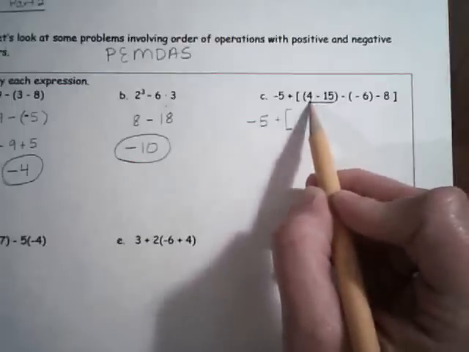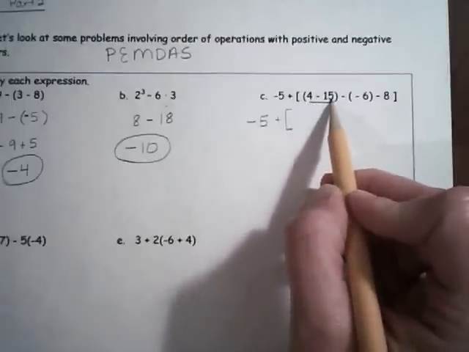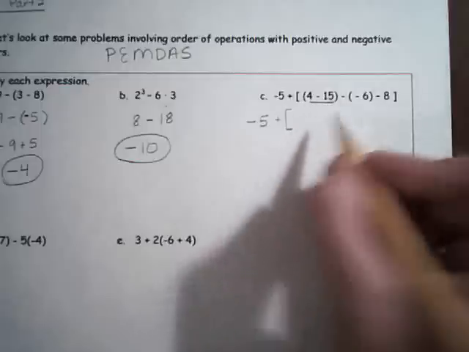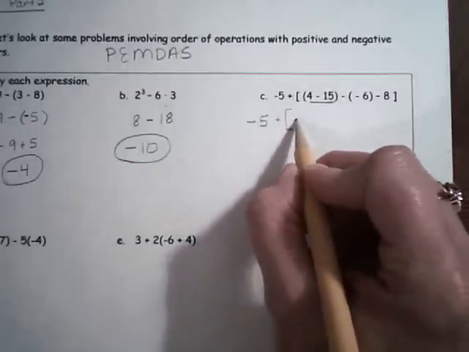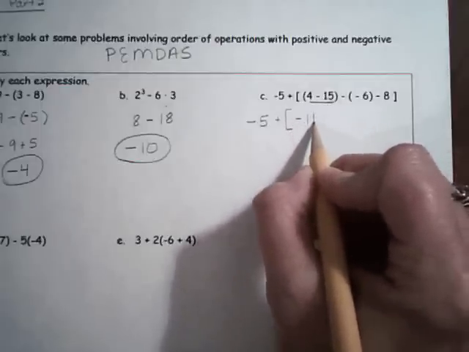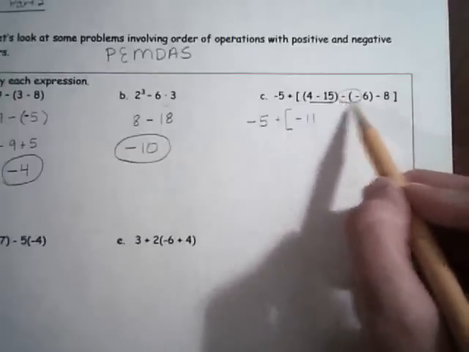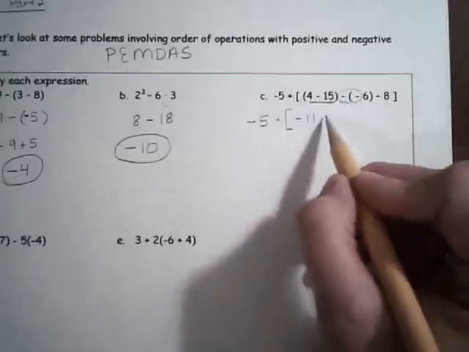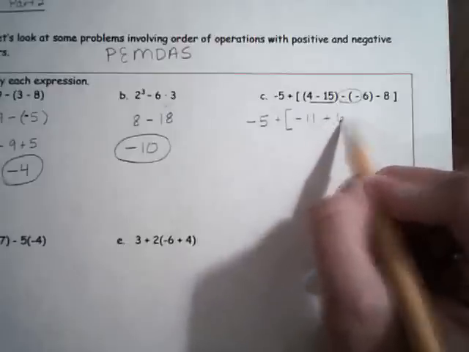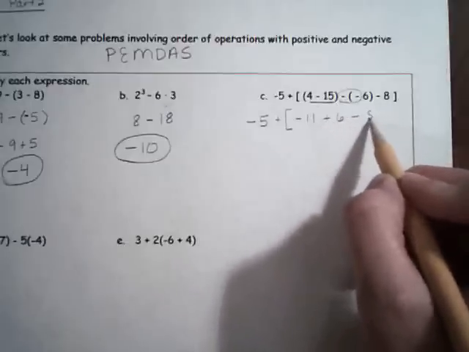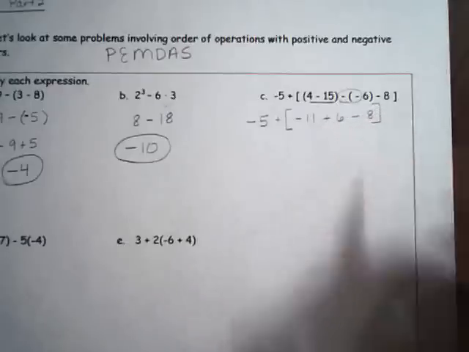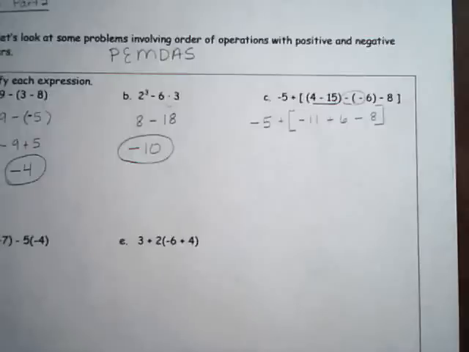A positive 4 and a -15 means that we subtract, take the sign of the higher number, so that's going to be -11. I'm going to go ahead and get rid of these double negatives also in front of the 6, so that's going to make it a +6. And then I carry down my -8. So that kind of cleans up what we have in the brackets.